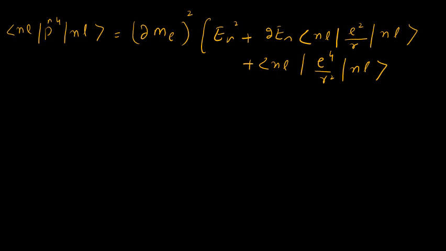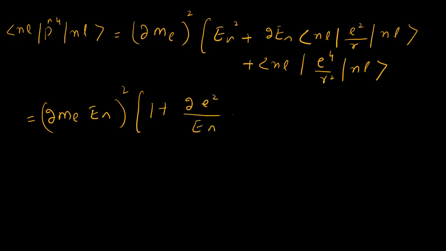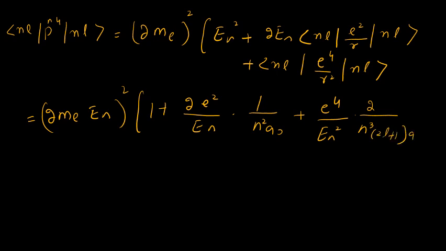Now I can insert the values of 1 over r and 1 over r squared. Taking En squared as common, this will be equal to 2me En squared into [1 plus 2 e squared over En into 1 over n squared a naught, plus e^4 divided by En squared into 2 divided by n cubed into (2l plus 1) a naught squared].